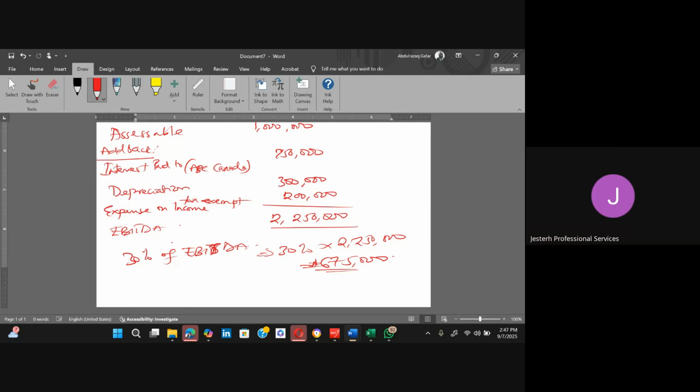So now, if this is 675,000, the total amount that we deducted initially was how much? 750,000. So if you now say that the excess interest, how much is that one? We have 750,000 minus 675.